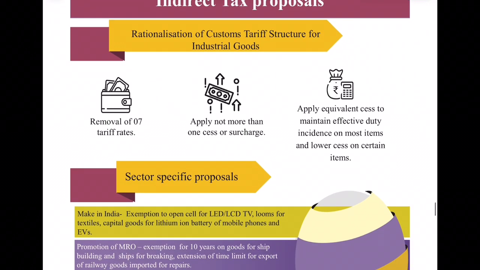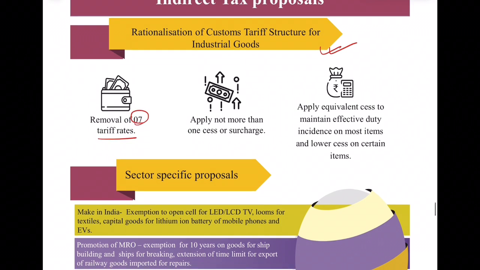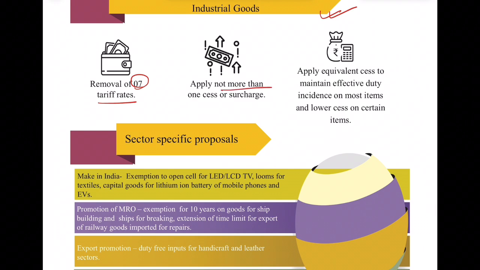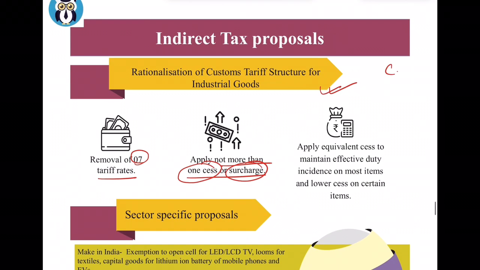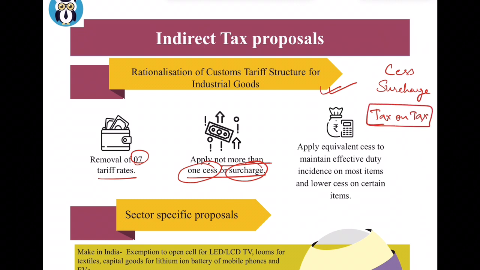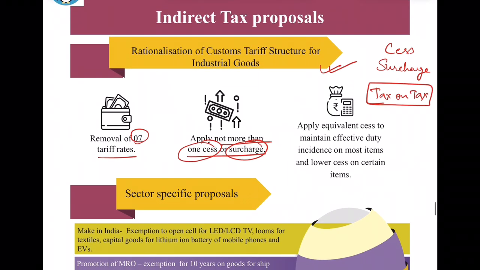The indirect tax proposals mean they have rationalized for ease of doing business, with removal of seven tariff rates and applying not more than one cess or surcharge. So what is cess and surcharge? These are tax on tax, and these are not shared by the center with the states in devolution.